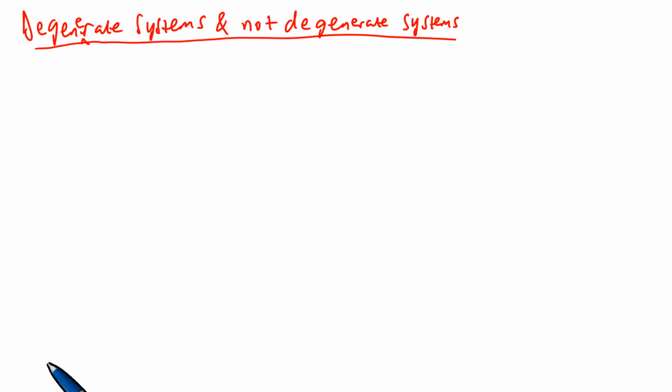Hello. Yes, yes, man. What is a degenerate and not degenerate system? Yeah, that's a good question. So there are systems that actually have unique solutions, and there are those that do not have unique solutions. A system that tends to have a unique solution is said to be not degenerate because it has a unique solution.